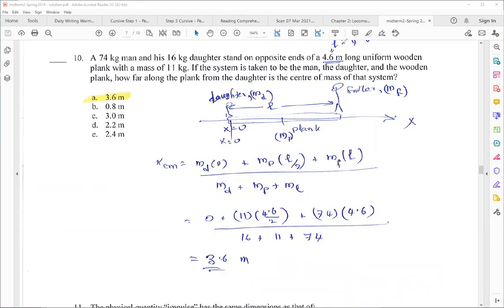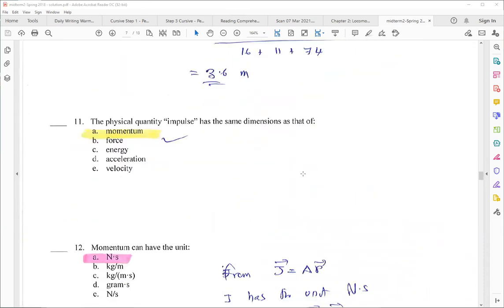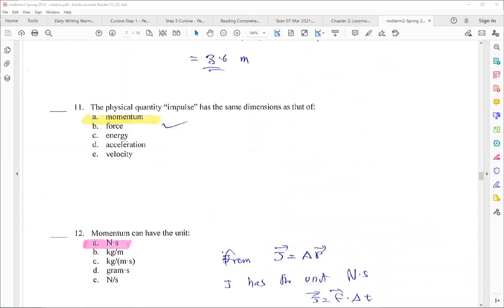Right, again, this is question 10. Question 11: the physical quantity impulse has the same dimensions as that of momentum, something we saw already in the review for exam 2019. And it all comes from the formula: impulse J is equal to force times delta T, or it's equal to delta P, the change in linear momentum.